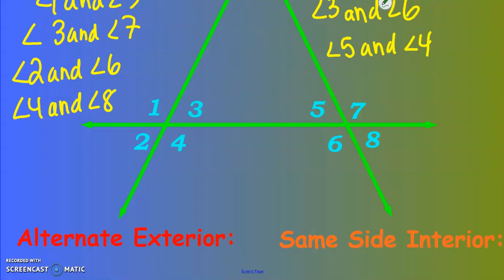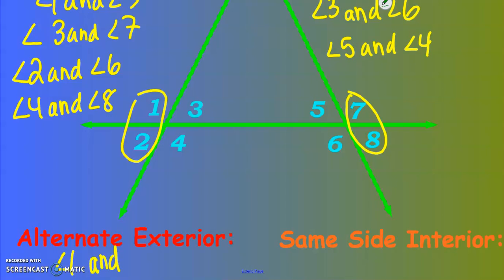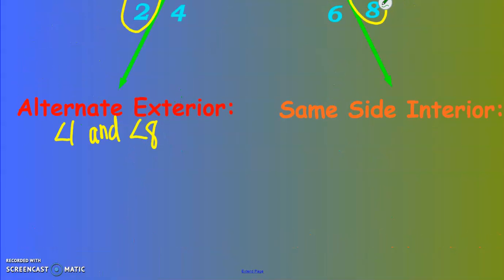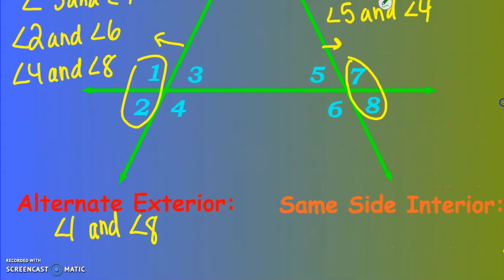So if 3, 4, 5, and 6 were on the inside, we know angle 1, 2, 7, and 8 are on the outside. They're my exterior. So angle 1 is on the opposite side of the transversal as angle 8. So they're exterior because they're on the outside, and they're on opposite sides of the transversal. And then we also have angle 2 and angle 7 are alternate exterior angles.